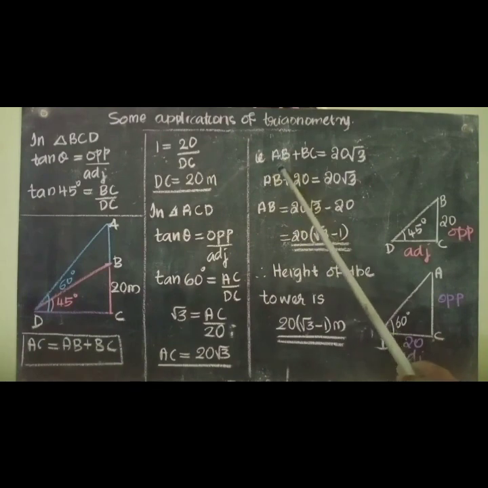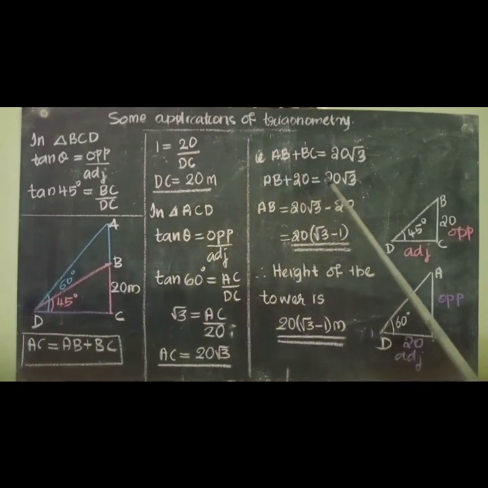That is AB plus BC equal to 20 root 3. We know BC equal to 20. So AB plus 20 equal to 20 root 3. AB equal to 20 root 3 minus 20.